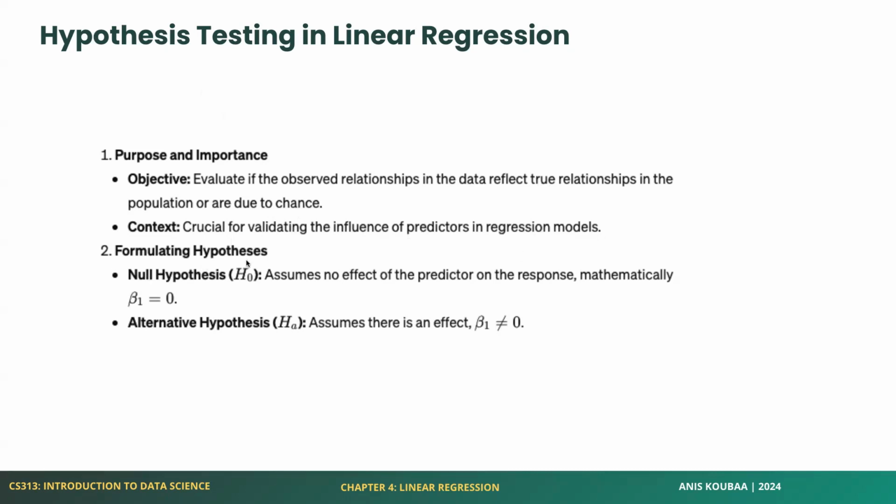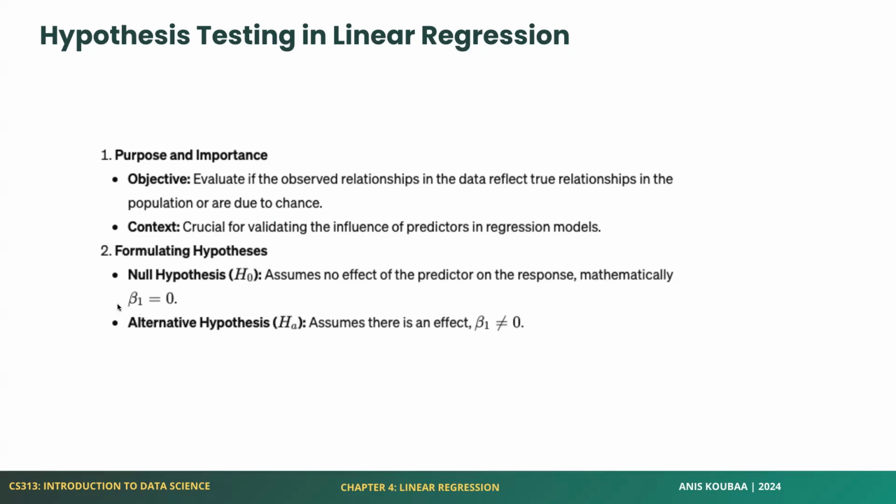To formulate the hypothesis, usually we formulate what we call the null hypothesis, which we denote as H0. The null hypothesis assumes that there is no relation or no effect between the predictor and the response. There is no relation between X and Y. In our case, it assumes that there is no relation between TV and sales.